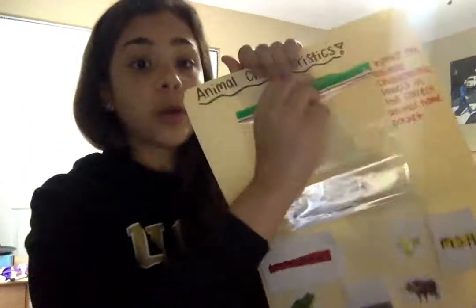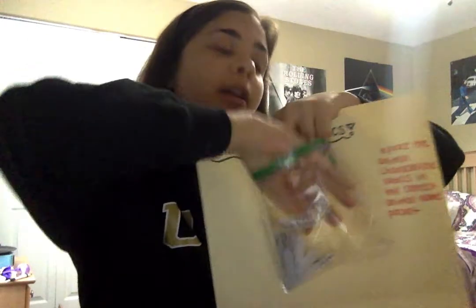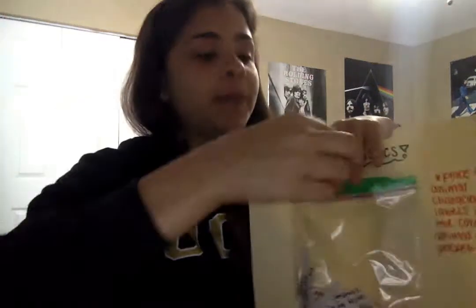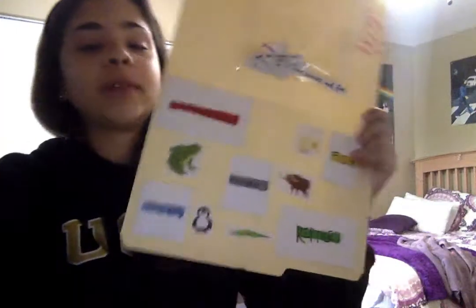What the students are going to do is open up this little bag, take out a random little sheet of paper, and read off the characteristics. For this one it says, have feathers and wings. They're going to look at the different groups and determine what group this characteristic describes.